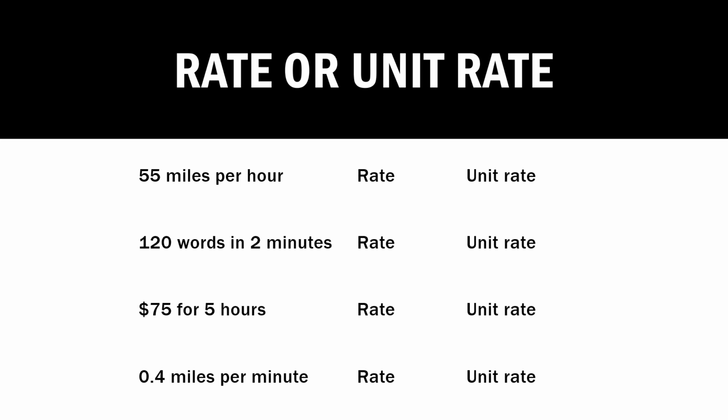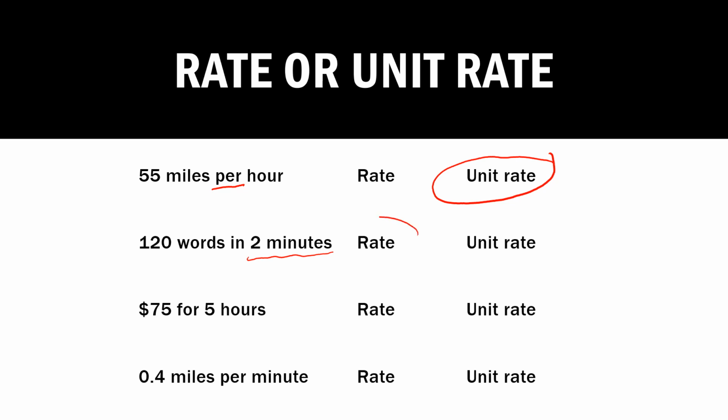Let's look at some examples to identify whether they are a rate or unit rate. In our first example, we see 55 miles per hour. The keyword per lets us know that they are referring to 1 hour. So this is a unit rate. 120 words in 2 minutes.